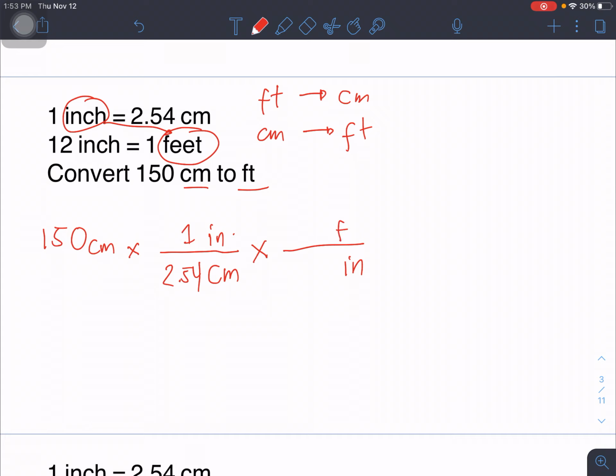Inch and feet: for every 1 feet, there is 12 inch. So cancel the units, cm and cm, inch and inch. We will be having 4.92 feet.